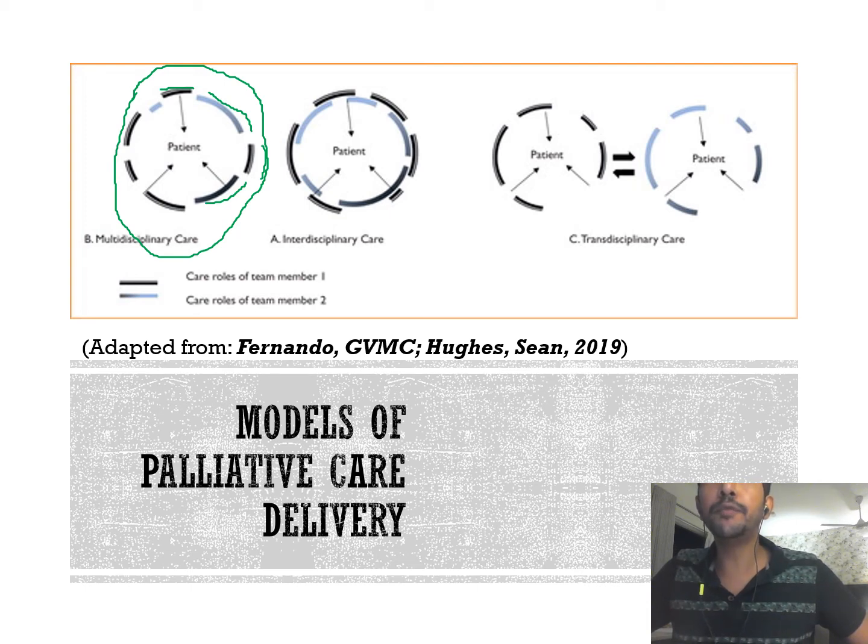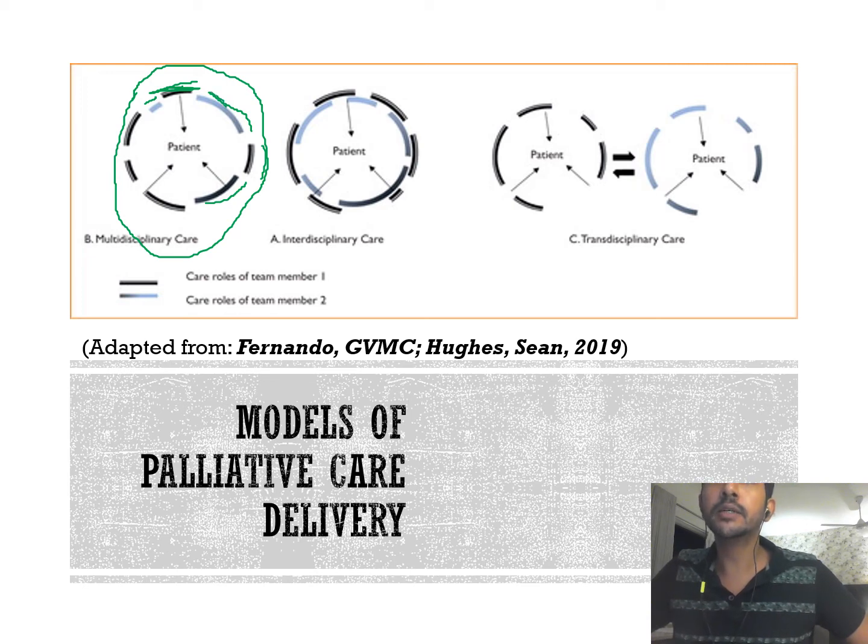These individual professionals have a very clearly defined role to play in palliative care delivery. For instance, this one is the physician, and he has only got to care about the patient's physical aspects.